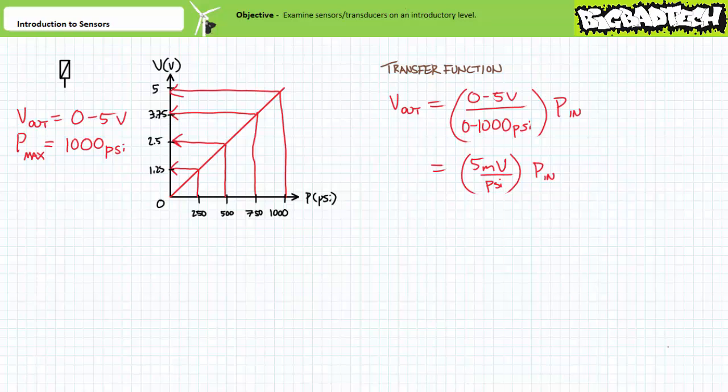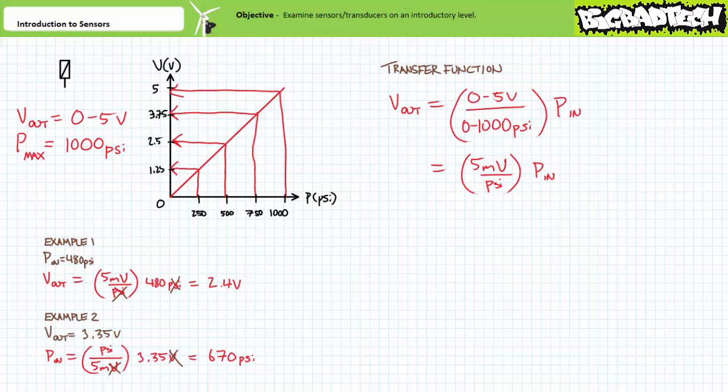The transfer function is essentially a means of unit conversion. Allow me to demonstrate. Assuming an input pressure of 480 psi, we multiply it times the transfer function, oriented such that the units of psi cancel and only the unit of volts remain. In this case, the pressure sensor should produce an output of approximately 2.4 volts.